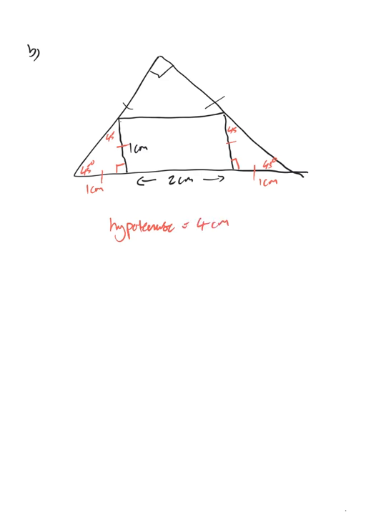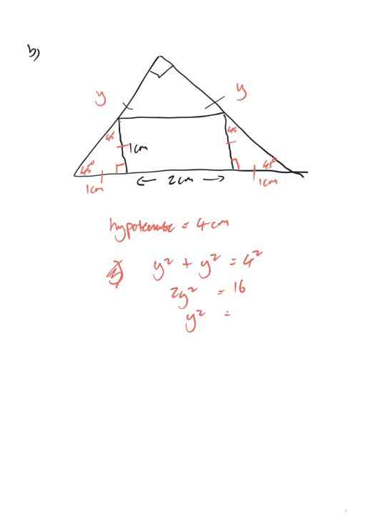Okay, so again, if we call our two equal sides y, so here and here, as in the previous question, what do we know? We know that y squared plus y squared must equal 4 squared. So 2y squared equals 16.